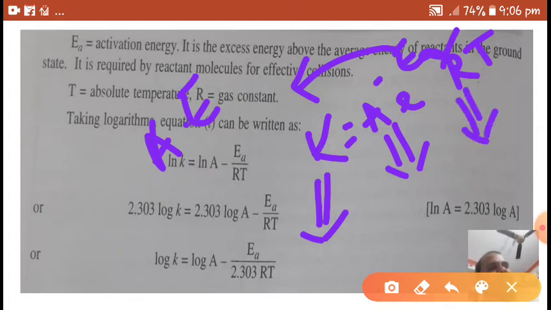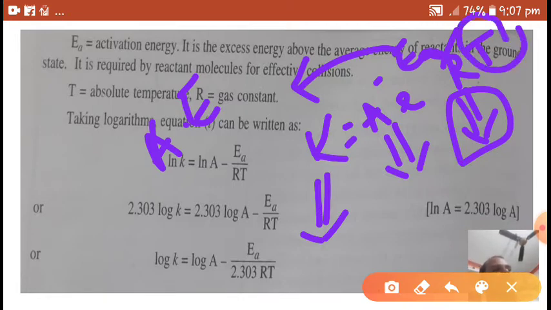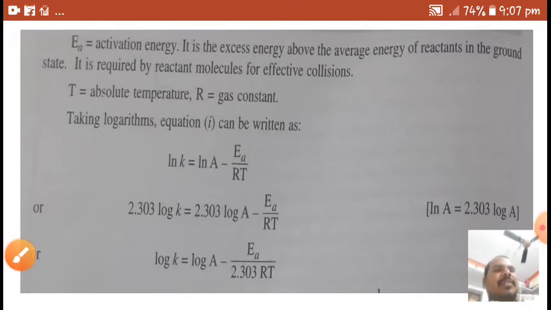R is the gas constant, as we know from the ideal gas equation, and T is the absolute temperature in kelvins. So these are the terms involved in the Arrhenius equation.